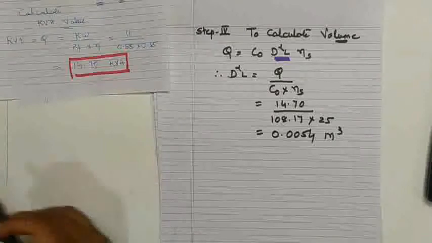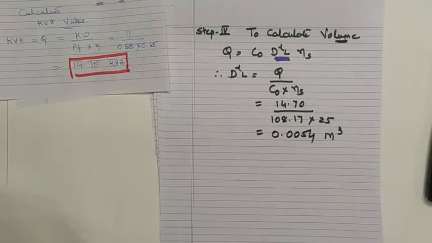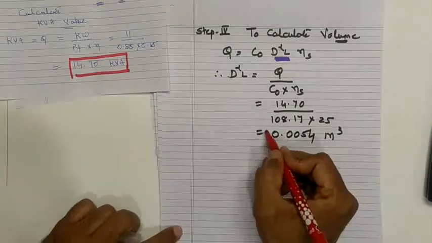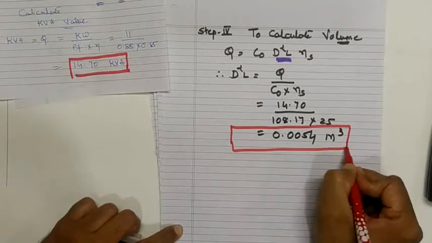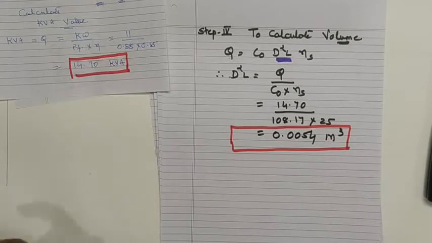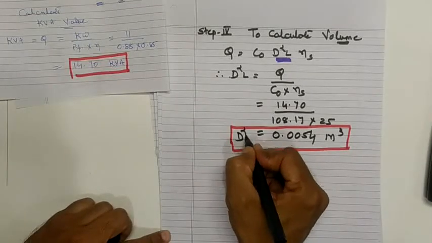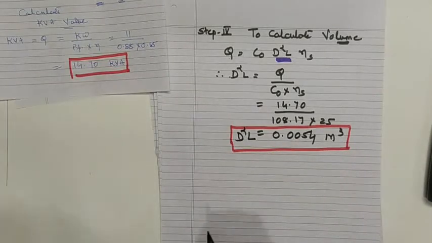So now we further proceed to step number 5, and that is our last step. This is our d square L and this is known as the volume.